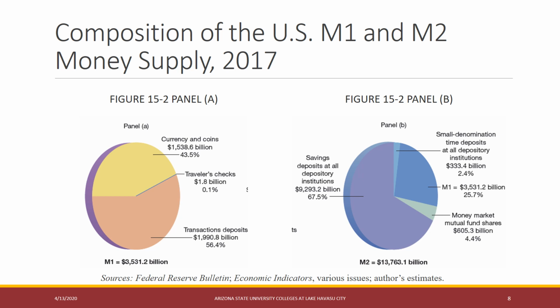M2 consists of M1 plus the other three components, the most important of which is savings deposits at all the depository institutions, and you can see here its percentage is about 67.5%.